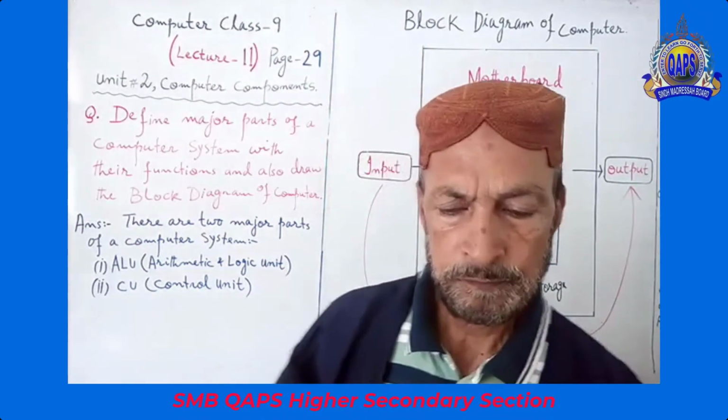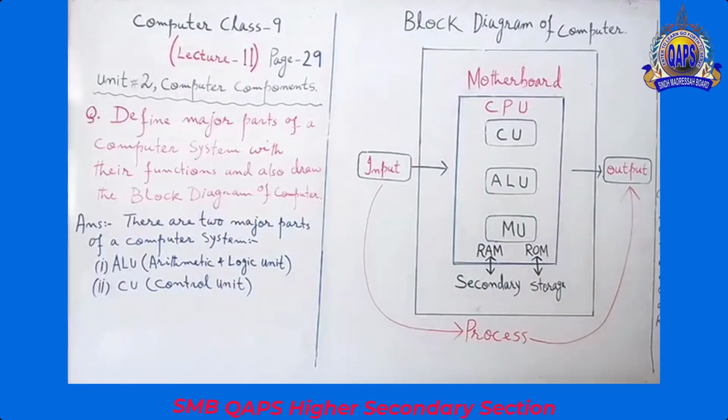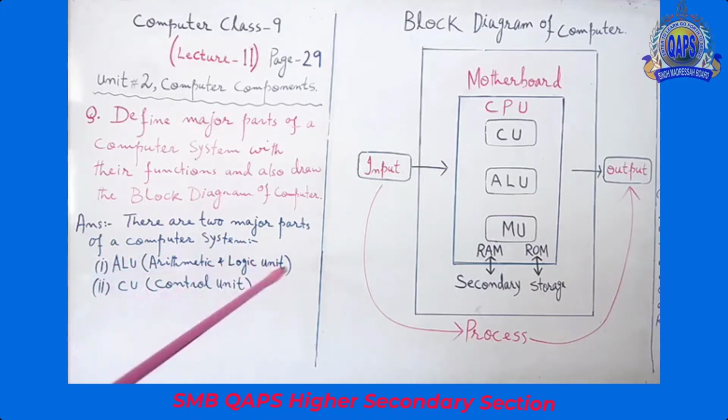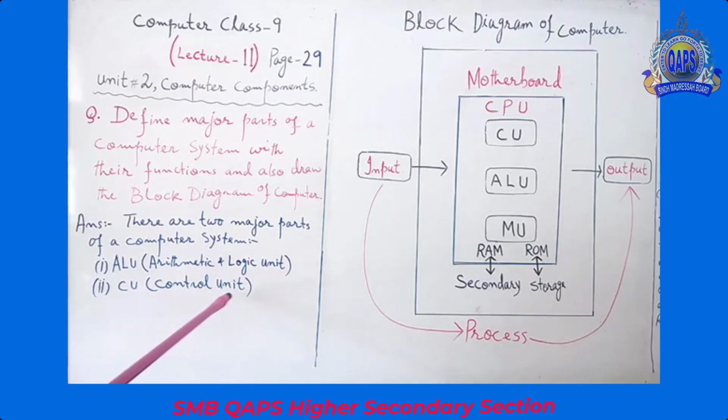Remember this thing. Answer: there are 2 major parts of a computer system: ALU, arithmetic and logic unit; CU, control unit.